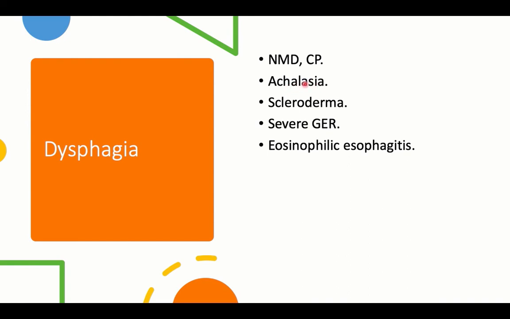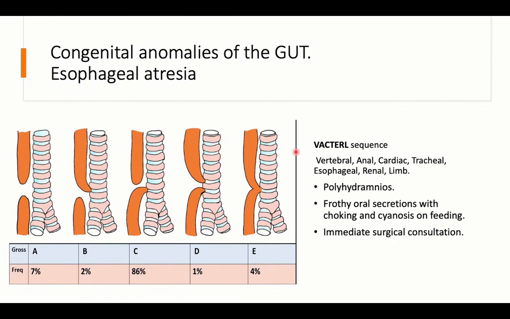Other causes include achalasia. You should think of it. Scleroderma, an immunological condition associated with sclerosis and stiffness of skin and mucous membrane, will be discussed in the chapter of rheumatology. Severe gastroesophageal reflux can end in dysphagia. And finally, eosinophilic esophagitis, you should think of it.